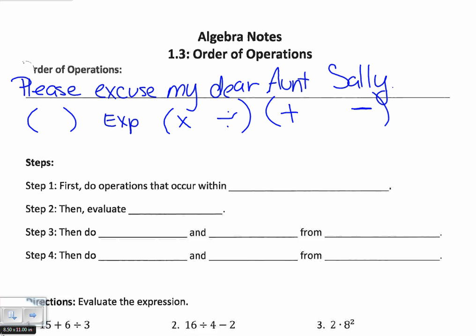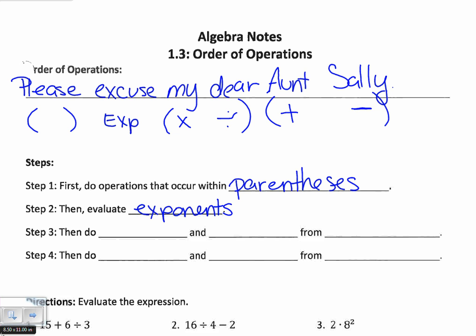So here's our steps. First, step 1. We're going to do operations that occur within parentheses. So anywhere that we see parentheses, we're going to figure out what is inside the parentheses first. Then once we're done with that, we evaluate exponents. Any exponents, we're going to do those next.